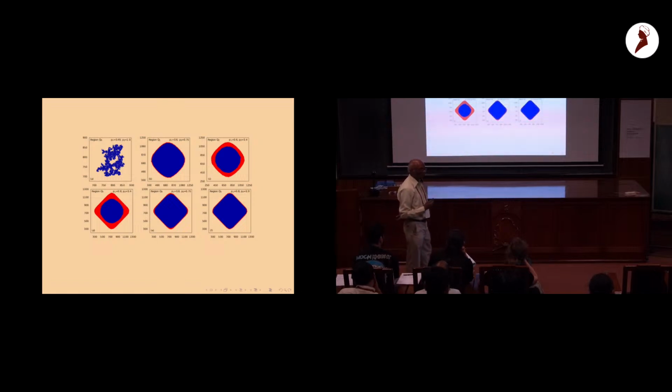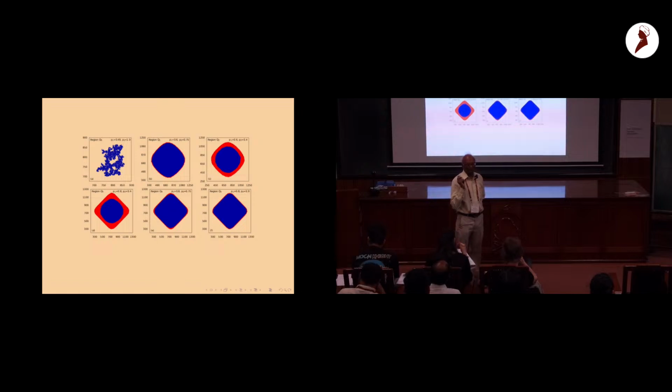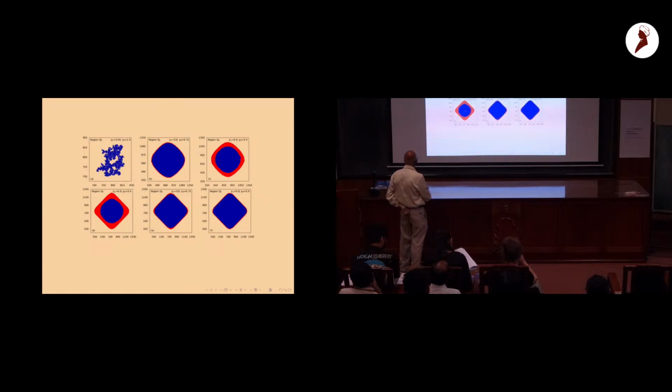This curve is plotting the velocity of the front as a function of orientation. It is not plotting the density of the blue sites inside. Okay. So I'm just saying that if you take, say, this point and grow in this direction, this will give you the velocity of the blue front and this will give you the velocity of the red front. That is what is being plotted, not the density.